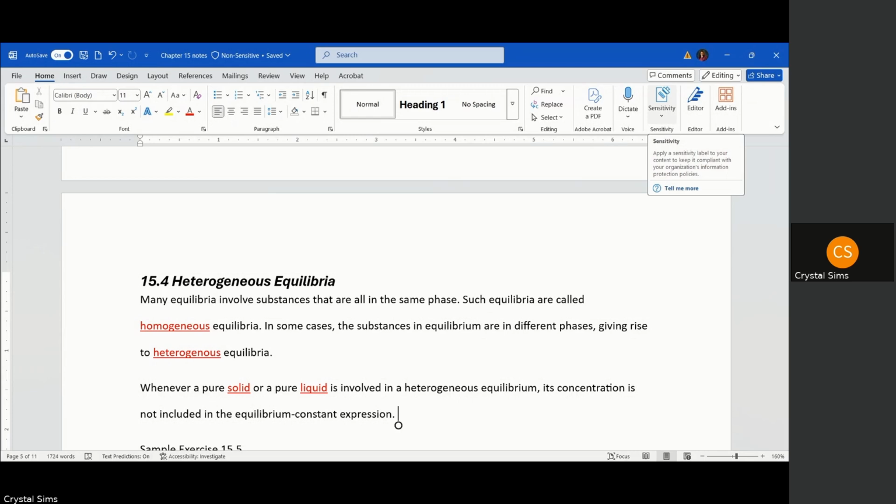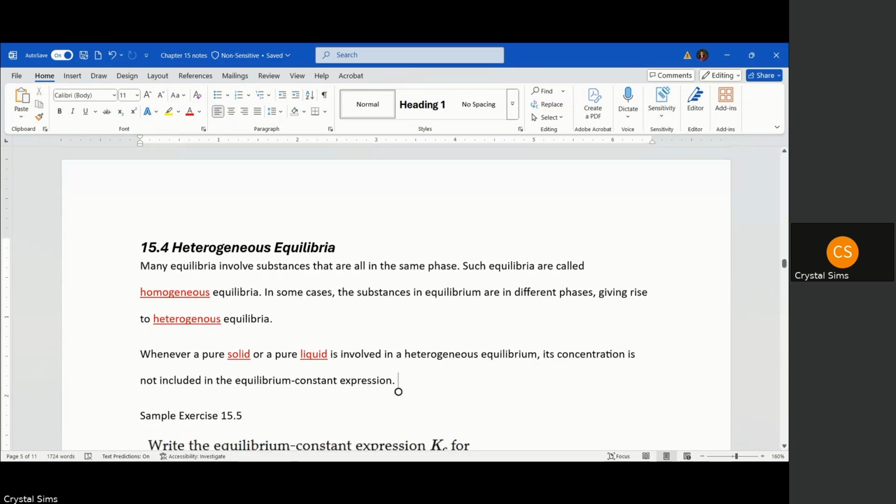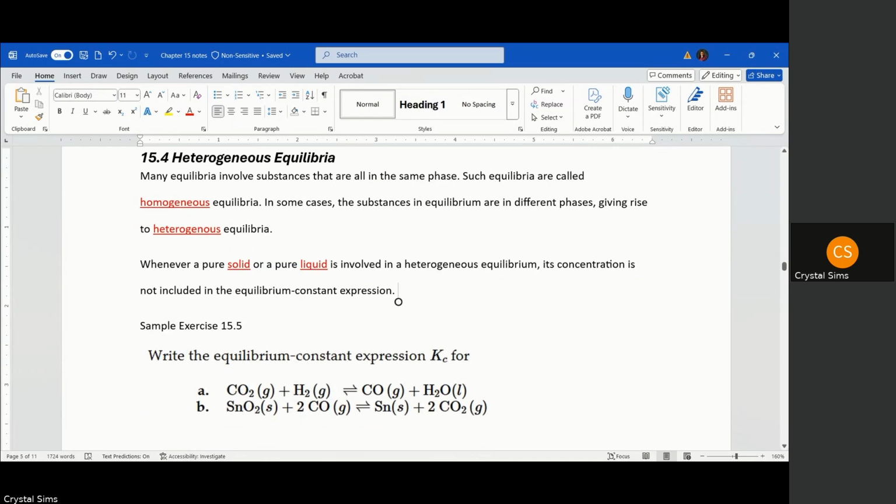So sample exercise 15.5, which is on page 643 in your textbook, asks you to write the equilibrium constant expressions for two different reactions. When we look at the first reaction, we see that we have water as a pure liquid here. We're not going to include that in our equilibrium constant expression.